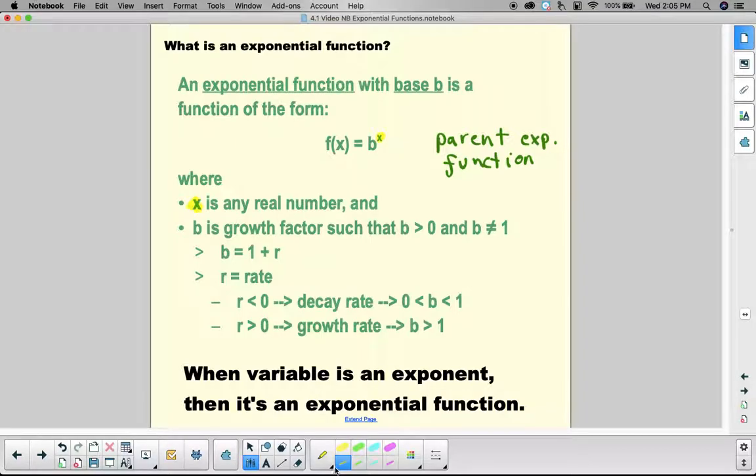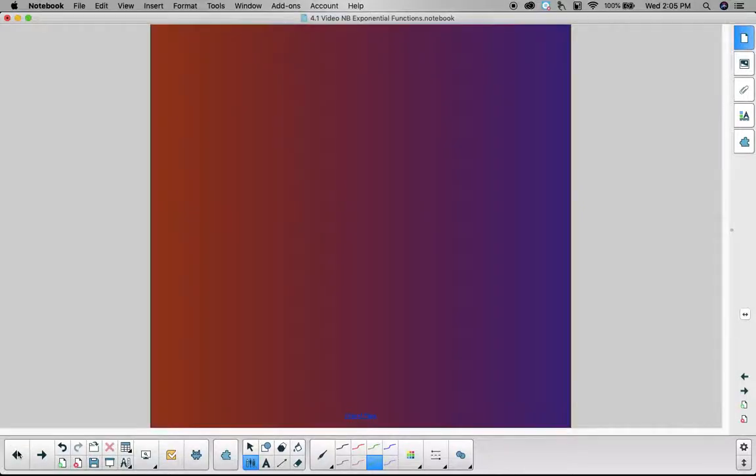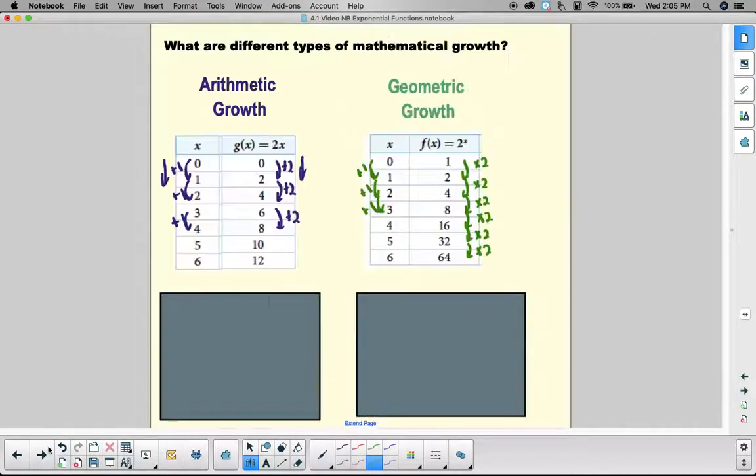So b is the growth factor. It is how much the output gets multiplied each time that the input increases by 1. So back here, when we were looking at geometric growth, this times 2, 2 is the growth factor.